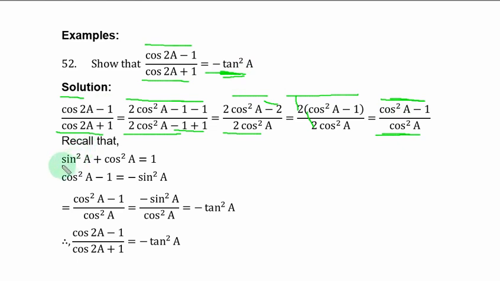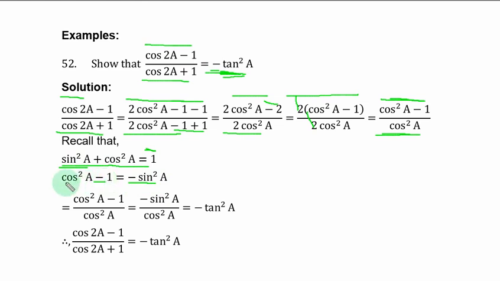Recall that sine squared a plus cos squared a is equal to 1. And this place is negative. So what we actually need is minus sine squared a. So this is what happened. You transfer this term to the right, it becomes negative. You transfer 1 to the left, it also becomes negative.